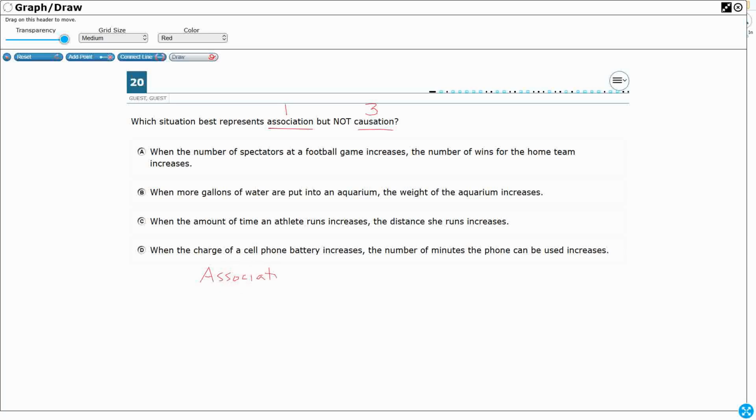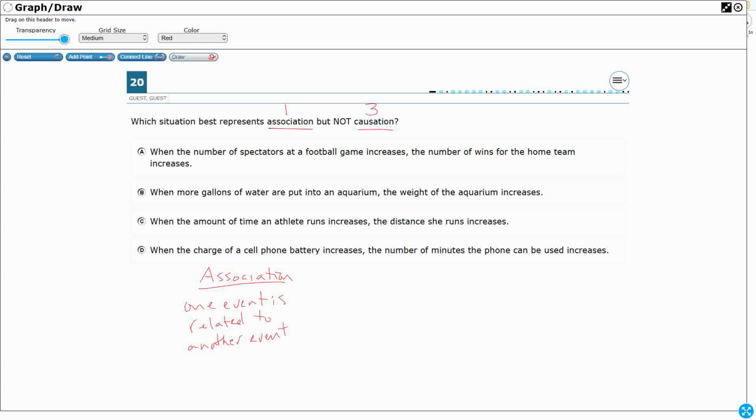So association, you can think of one event is associated, but I don't want to define the word with the word itself, is related to another event. All right.